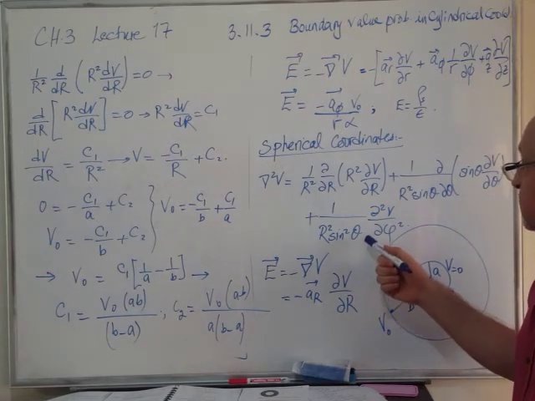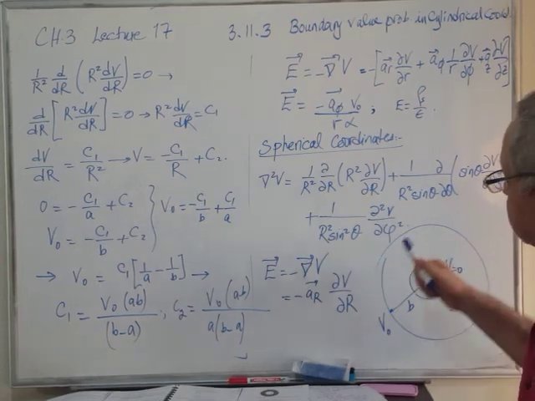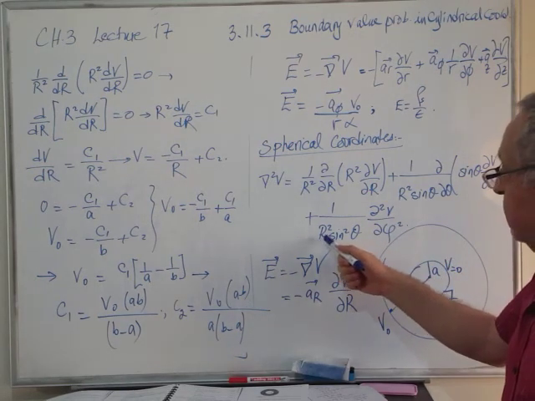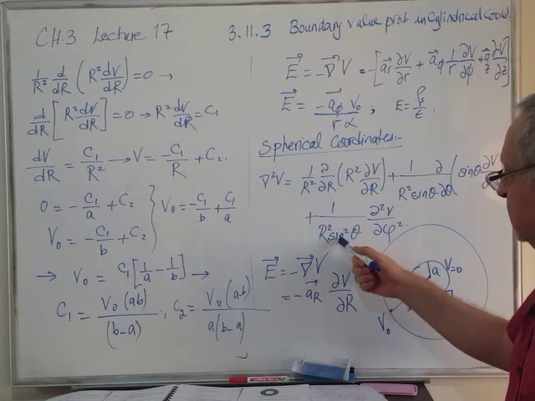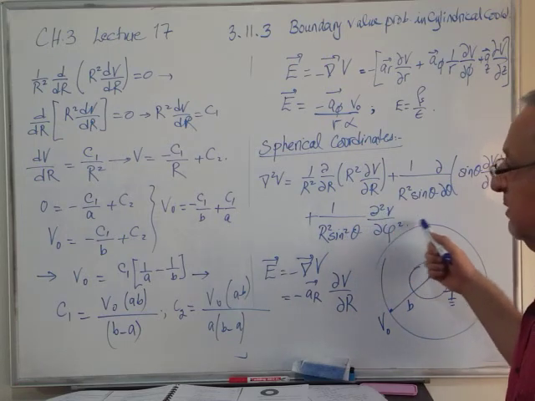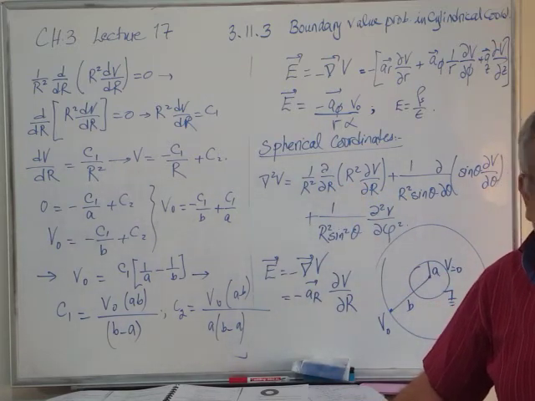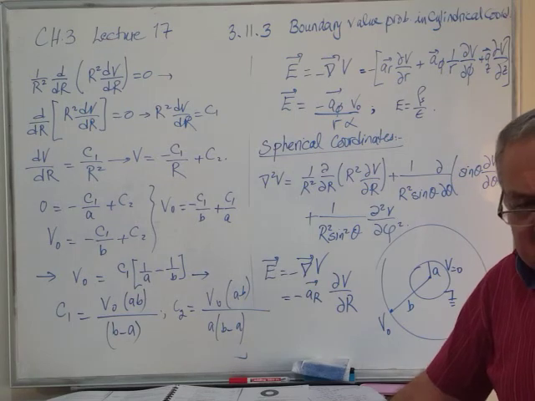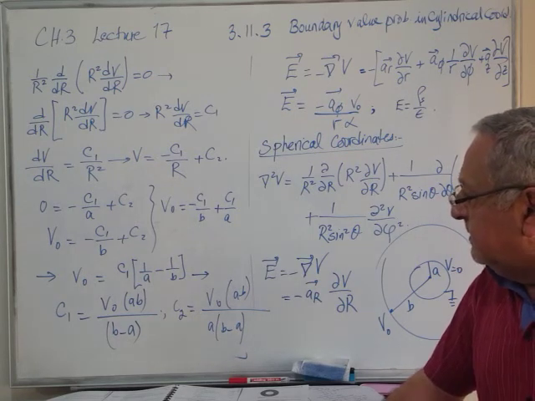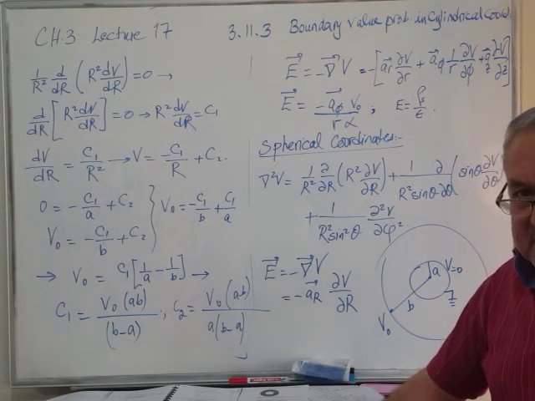In that case, this is very similar to the case of phi in cylindrical coordinates, because that will be 0. Away from R equals 0 and sine theta equals 0, you will have d squared V by d phi squared equals 0. Same solution as in the case of the variation of phi in the cylindrical coordinates.